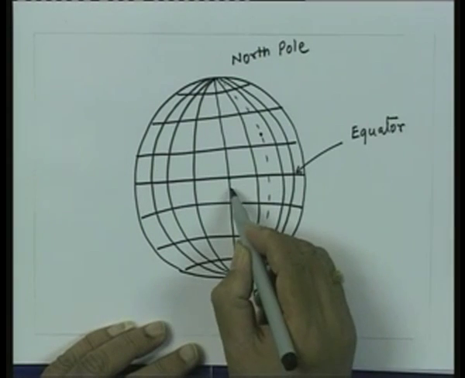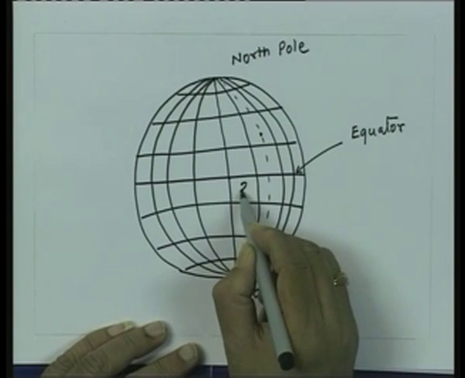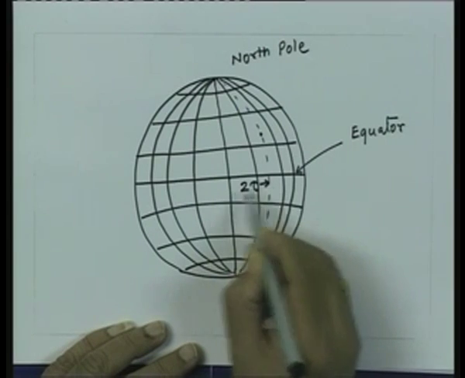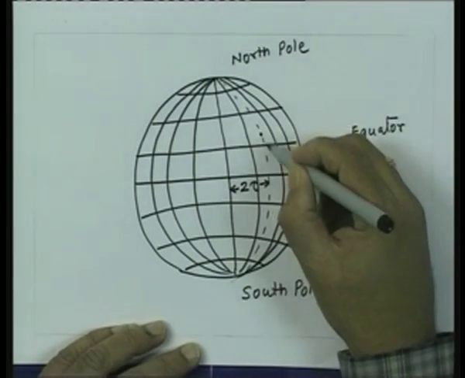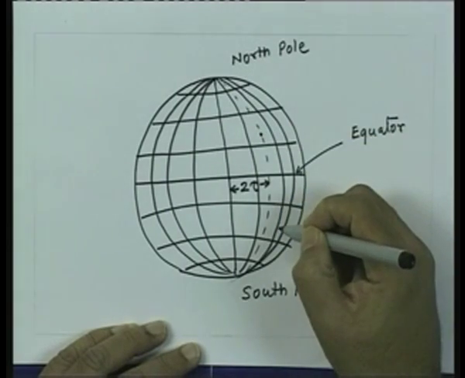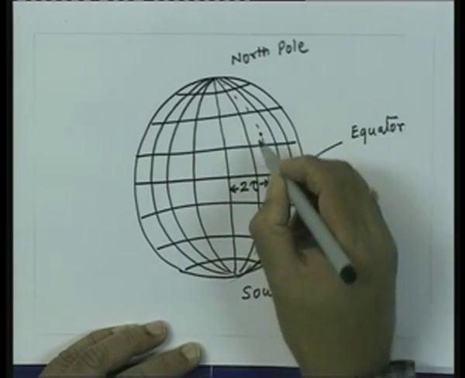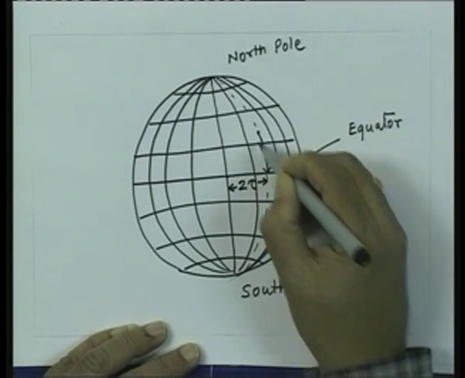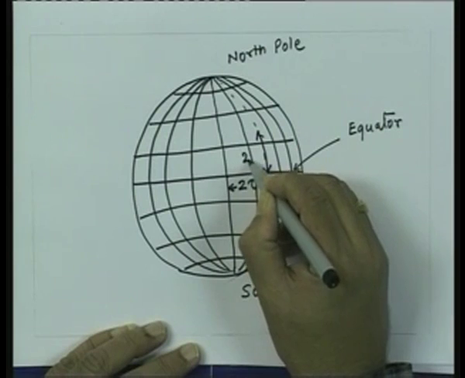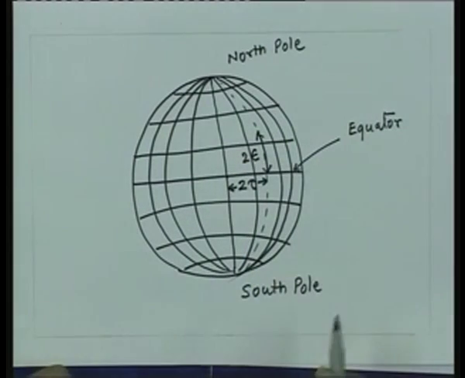So, on the equator if I measure, this angle is 2 tau, and this angle which is the latitude of this point is 2 epsilon. So, I have here this angle from here to here, that is 2 epsilon.